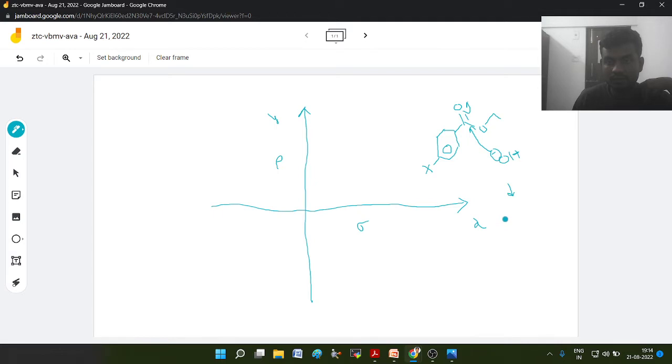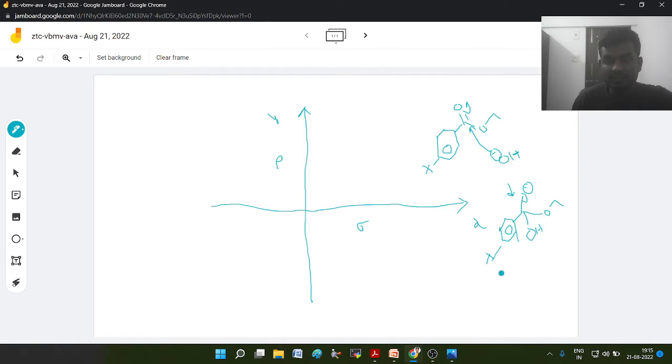What we have here is the substituent as usual. A tetrahedral intermediate will be formed, with OH and O minus, and here OEt. So this part is clear.